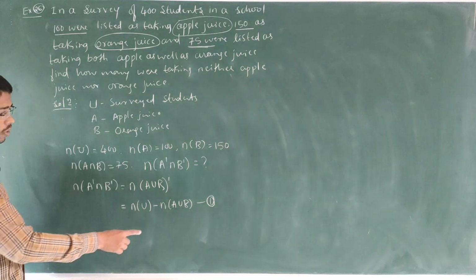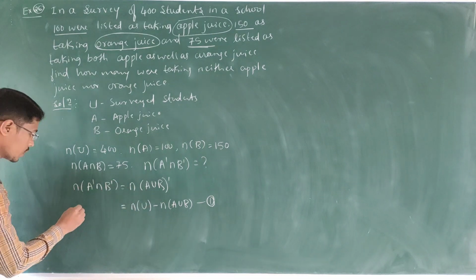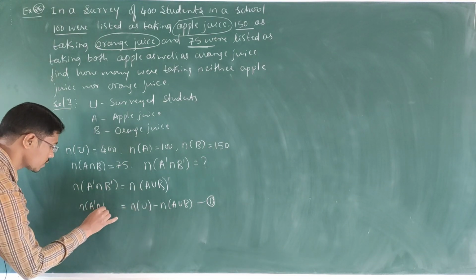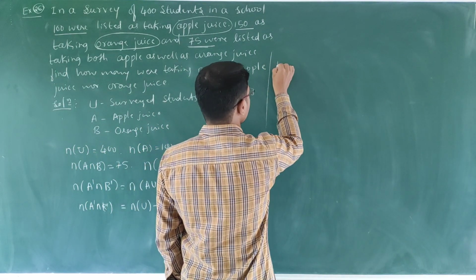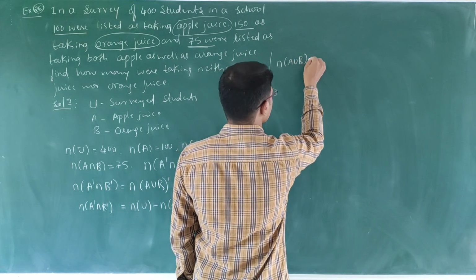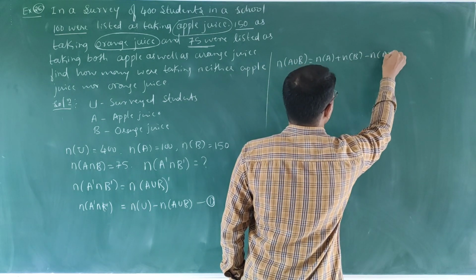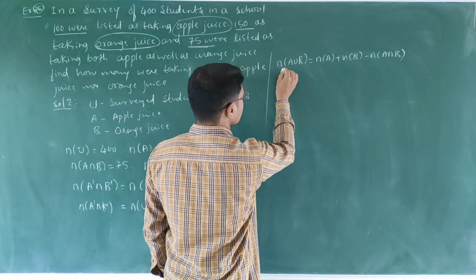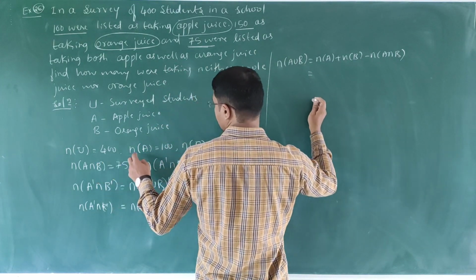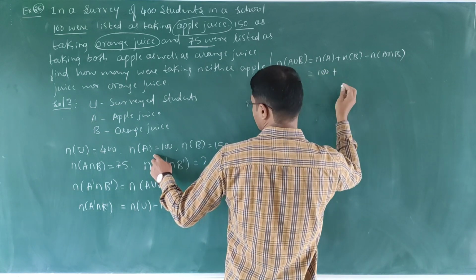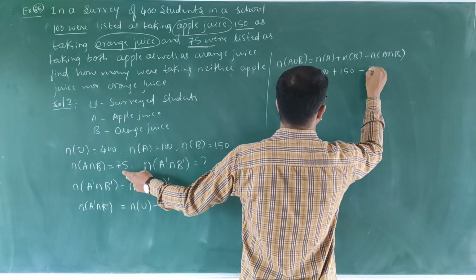In this we don't know A union B in the given quantity, so first find A union B and substitute in this n of A dash intersection B dash, okay. So go through the usual formula, that is n of A union B equal to n of A plus n of B minus n of A intersection B. So n of A union B is the unknown quantity, n of A is how much? n of A is 100, okay, then n of B is 150 minus n of A intersection B is 75.